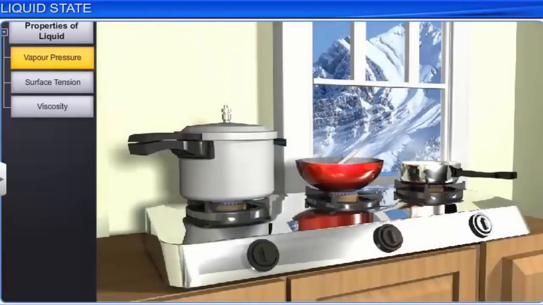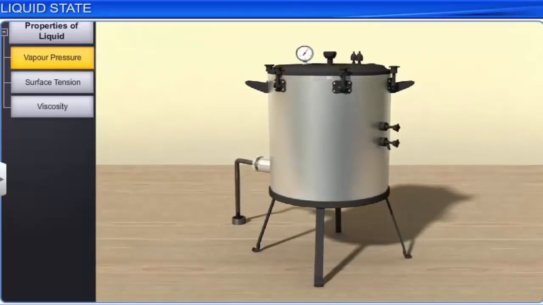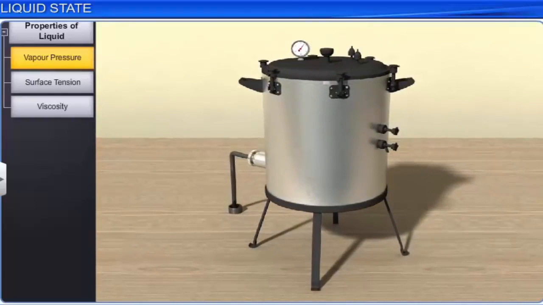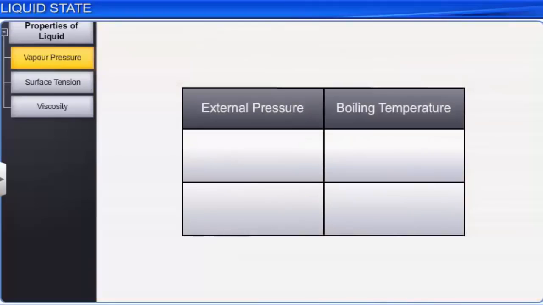The sterilization of the surgical instruments in autoclaves also utilizes the same principle as used in the pressure cookers. If the external pressure is 1 atmosphere, the boiling temperature is called the normal boiling point, and if the external pressure is 1 bar, the boiling temperature is called the standard boiling point of the liquid.